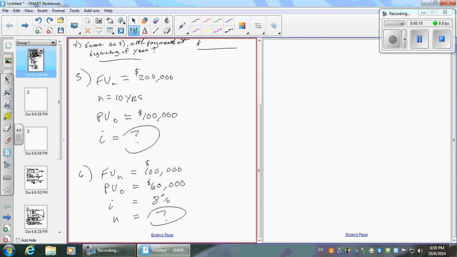We could do it with the annuities, it wouldn't matter, right? All the same calculations. Can you solve those? A lot easier when I just lay it out for you, isn't it? When you have to read the question.